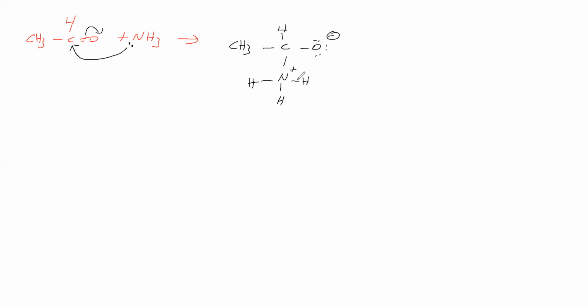Next, this bond becomes a lone pair and H plus goes towards this oxygen. So we get CH3, CH, with OH, this oxygen having two lone pairs, and here NH2, nitrogen having a lone pair. This is called acetaldehyde ammonia.